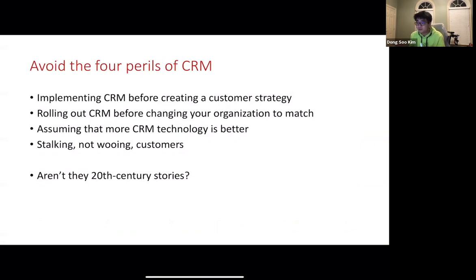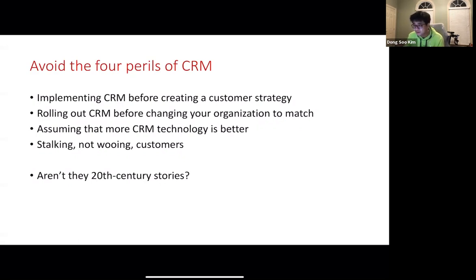To successfully utilize CRM, managers should carefully set a customer strategy, make all of the teams in the organization ready to adopt the CRM, find the best fit CRM technology for the firm, and serve customers, not as numbers. This message sounds very obvious, but still so many companies adopt CRM without any consideration of the perils.